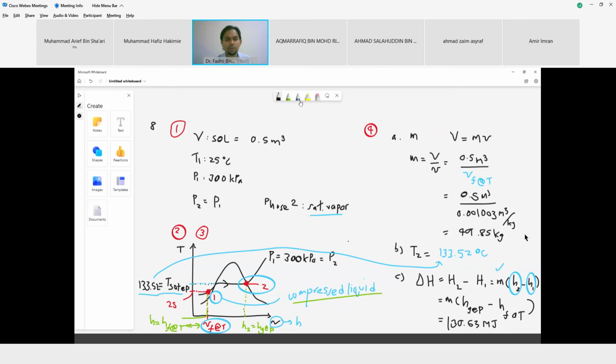So what we draw here, this one, okay, this is the answer for D. Apa yang kita lukis di TV diagram ini, itu adalah jawapan untuk D. So that's why I ask you to follow this step. Step number 1 until step number 4. Dalam setiap step tu ada jawapan.